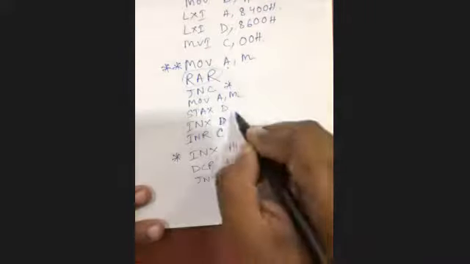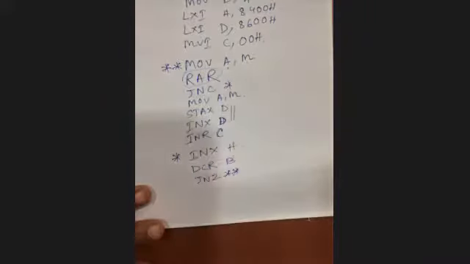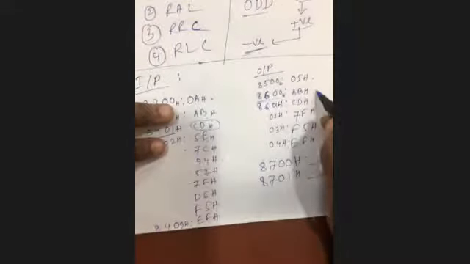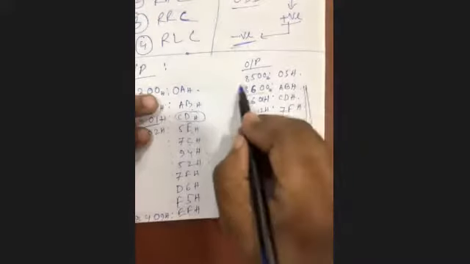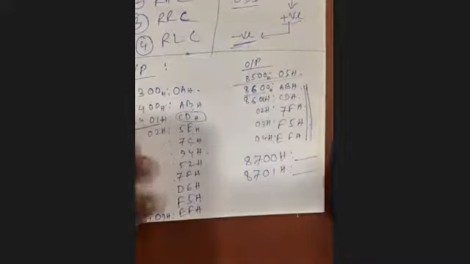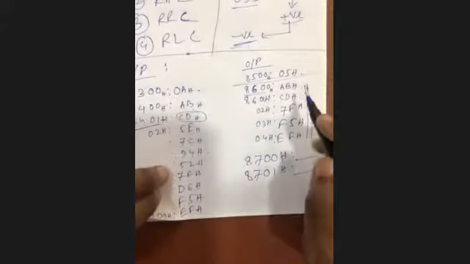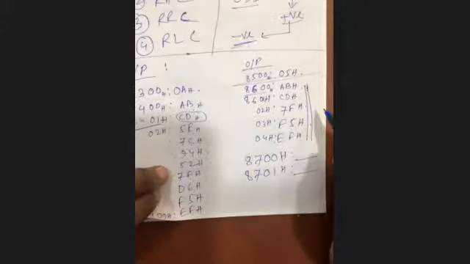So already with the help of these two lines, this data is already stored. Am I right? Yes, sir. So we should store only this data in 8500H. Right? Yes, sir.